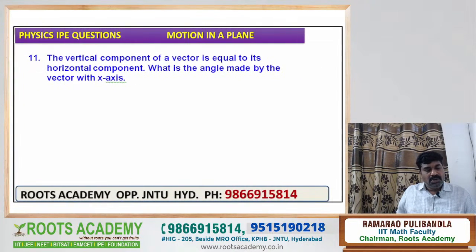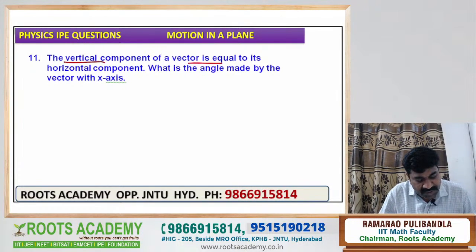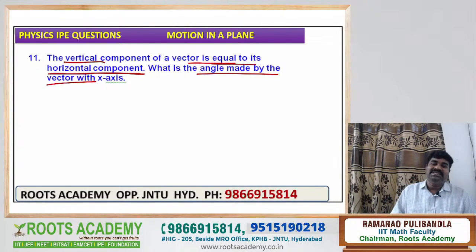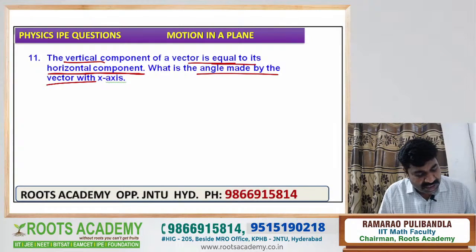Now, the vertical component. Next problem. The vertical component of a vector is equal to its horizontal component. What is the angle made by the vector with the x-axis?